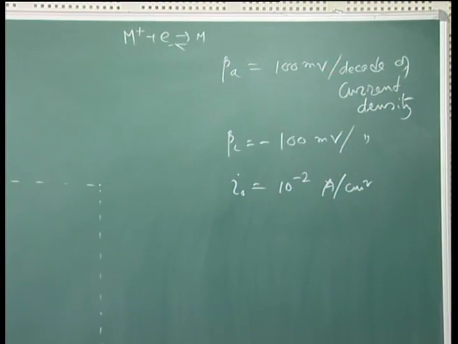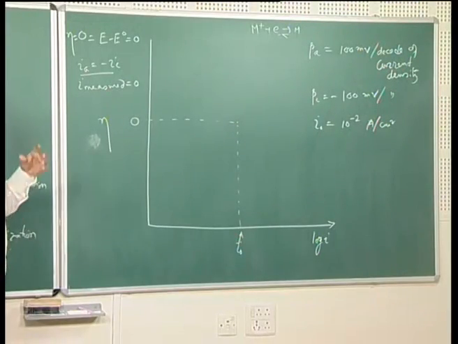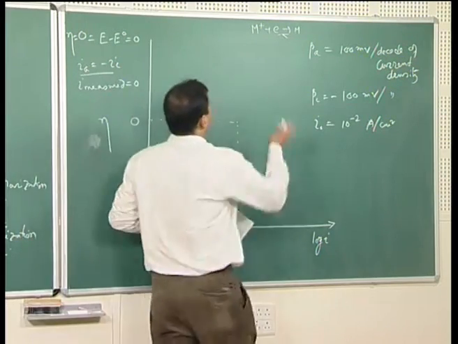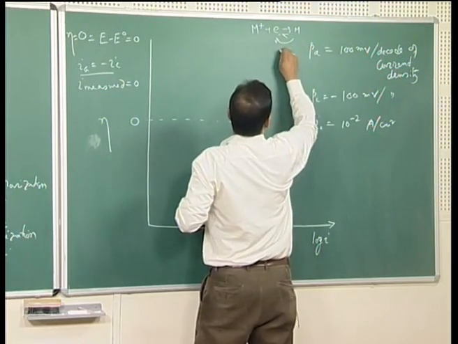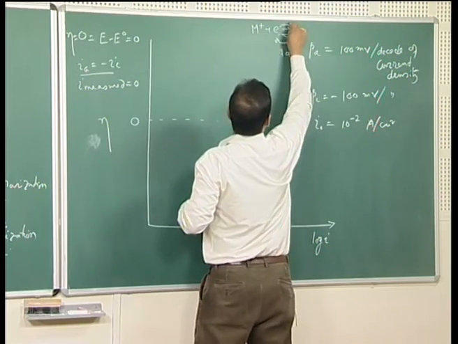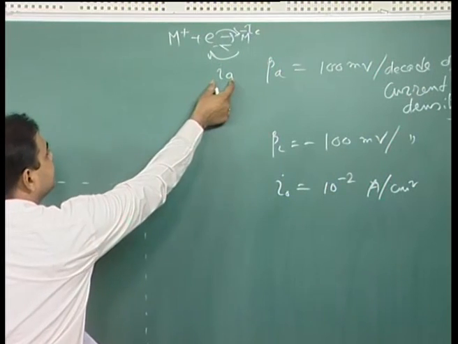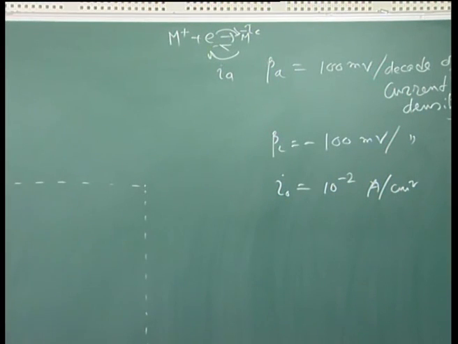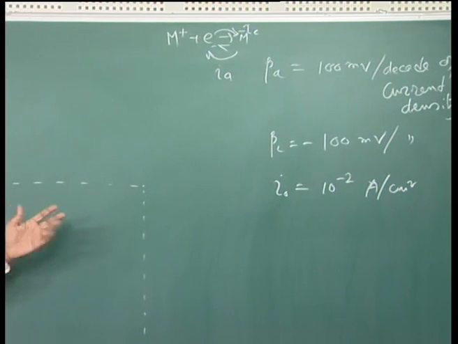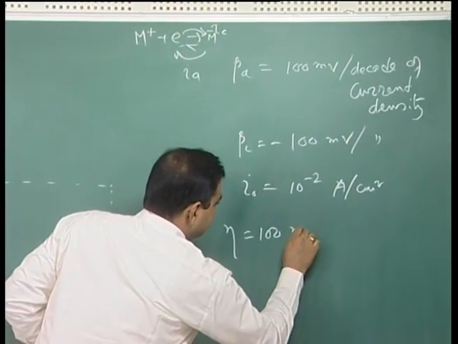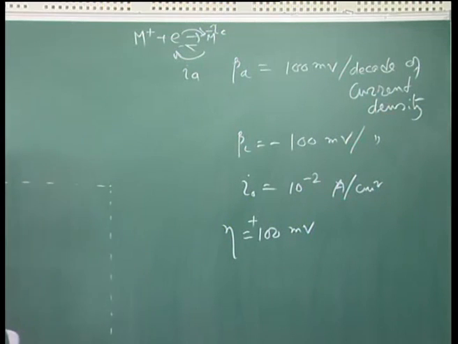Now, in this case, if I take the potential to the positive side, that means I increase the anodic current. So, this is my anodic current IA, this is my IC. If I increase my anodic current, let us say at some position I have the overvoltage to be plus 100 millivolt.